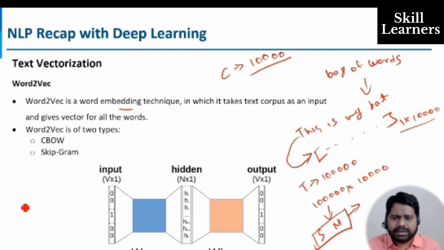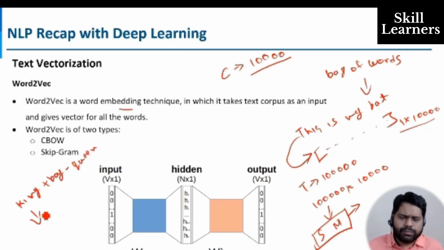Take king plus boy minus queen. What does this mean? Since we are passing king to word2vec, king has certain properties. Some of them would be power, army, land, money.